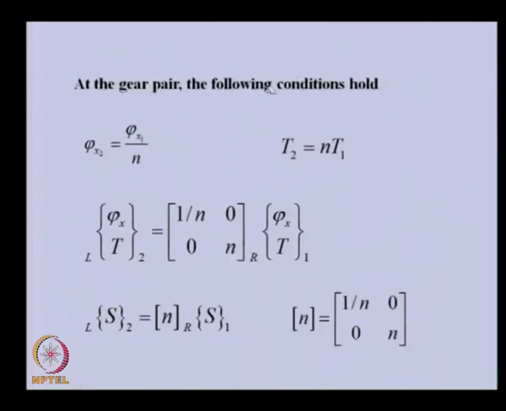At the gear location we have this angular displacement relation using the gear ratio, and the torques are related like this, and these two can be combined like this. So, basically this particular matrix is nothing but for the gear ratio.